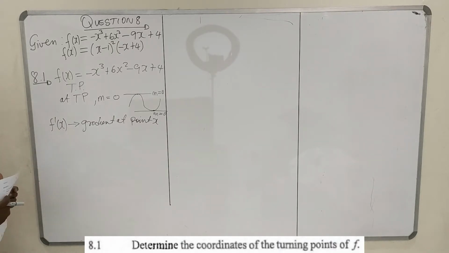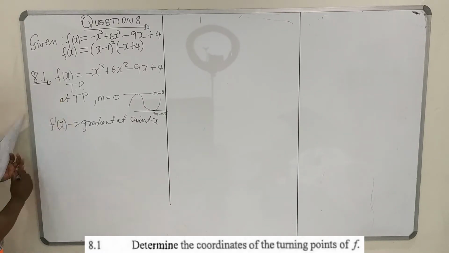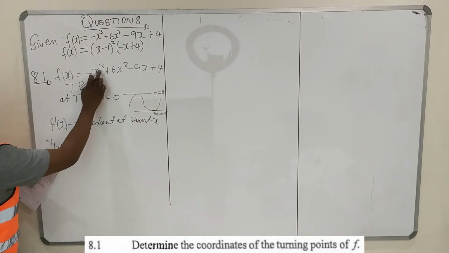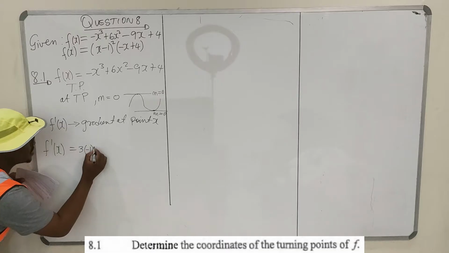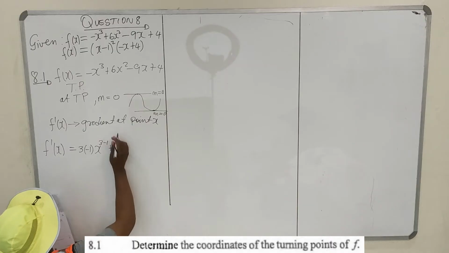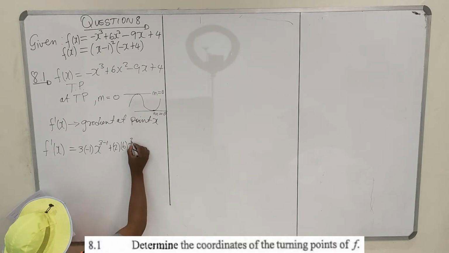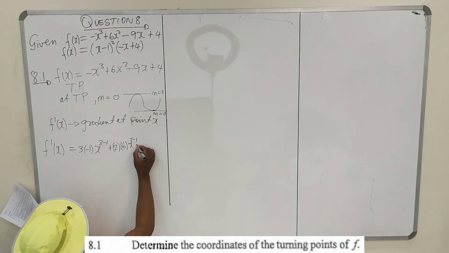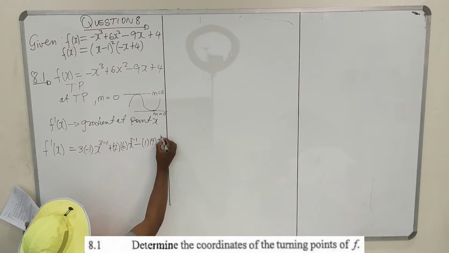So in our case, we can find the derivative of f, right? So the derivative of f is what? f prime is equal to 3 times negative 1, x raised to 3 minus 1, plus 2 times 6, x raised to 2 minus 1, then minus 1 times 9, x raised to 1 minus 1.